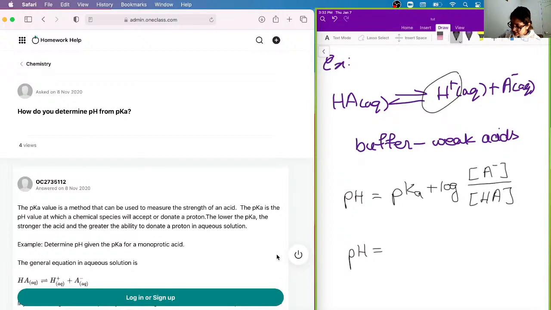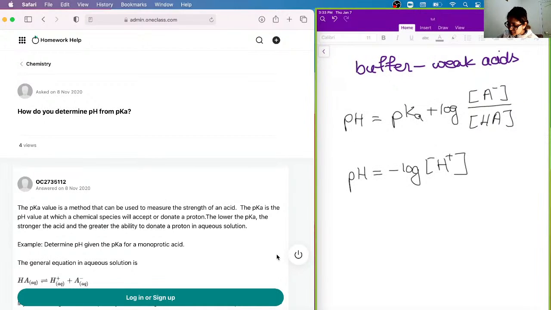We take the negative log of your hydrogen ion concentration to get the pH, and you can derive the Ka, the acid dissociation constant, from your pKa by taking 10 to the power of the negative pKa value.